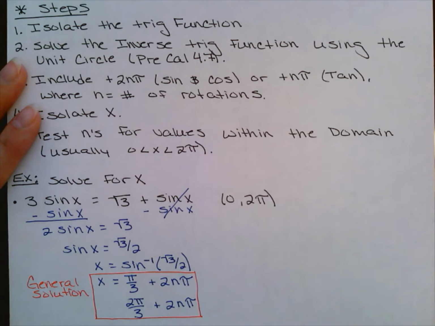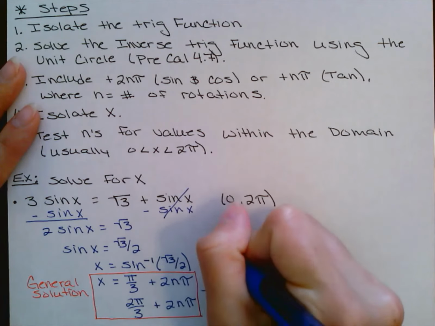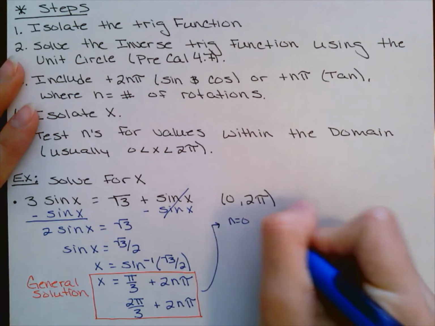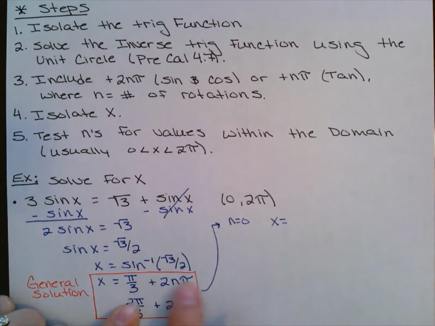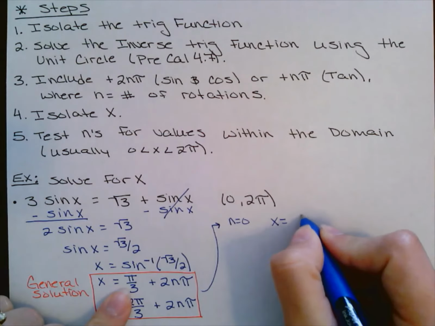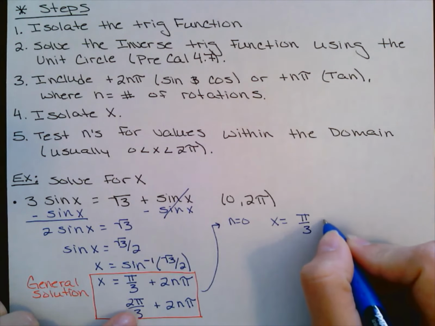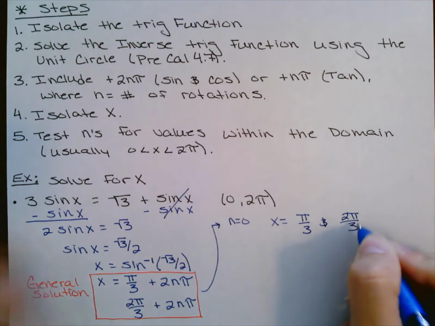Now my particular solution, my exact answer, is going to be when I test my n's. So we always start if n were 0. If n were 0, then 0 would multiply all of this out. I would only have that x is pi over 3 and 2 pi over 3.